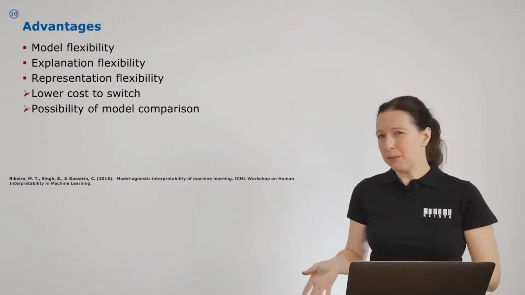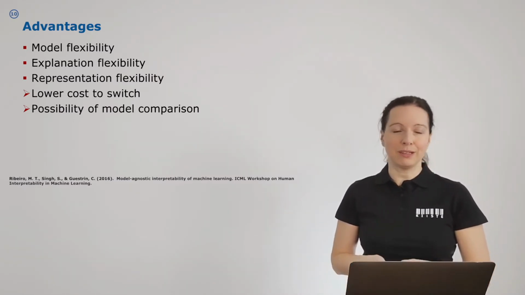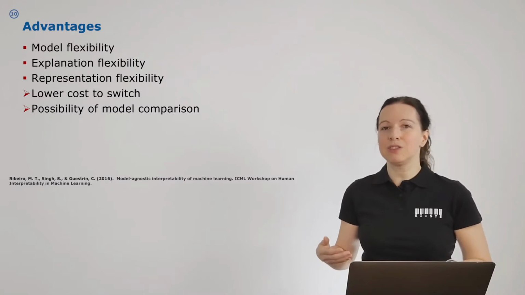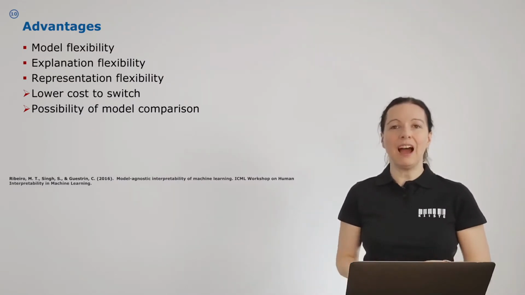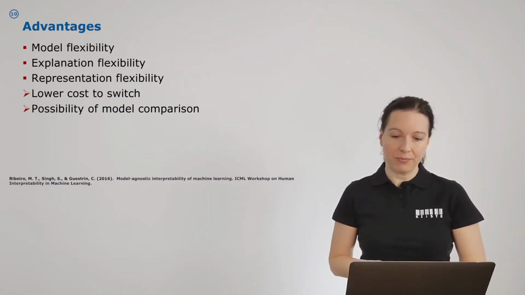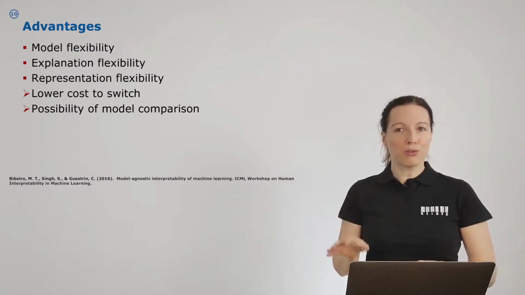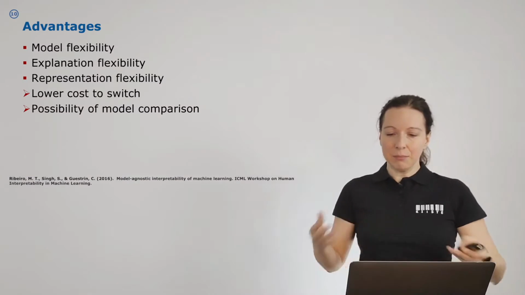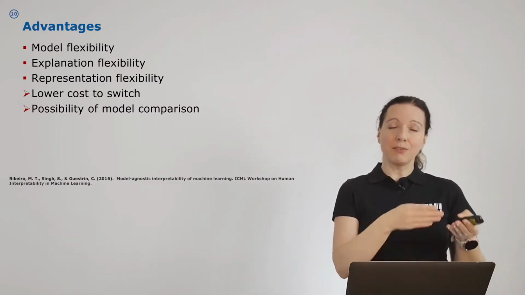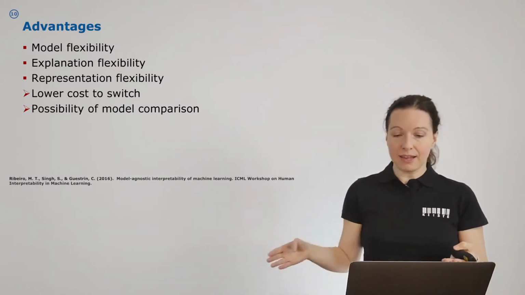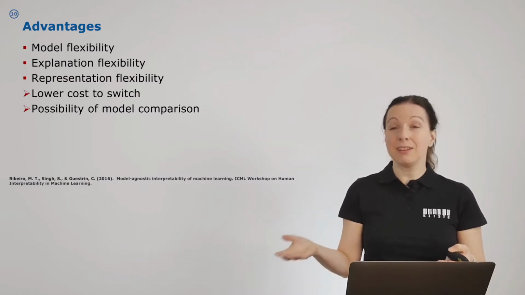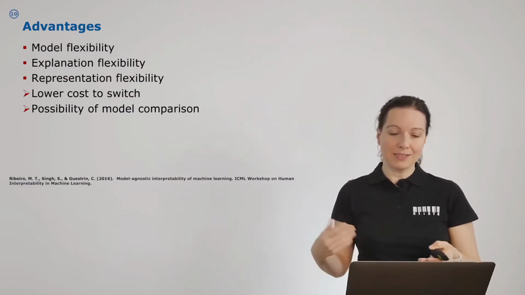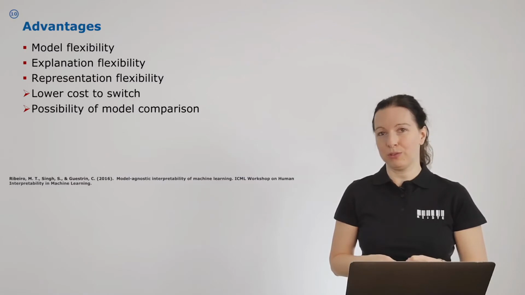The perfect example for this are deep learning models. They are very often chosen because they are just good. They are good at solving the task, and they reach a high accuracy. Now, when you treat a model as a black box, that can be an advantage because the separation of the interpretation and the actual solving of the task makes it easier to learn an accurate model and still get insights into the decision process.